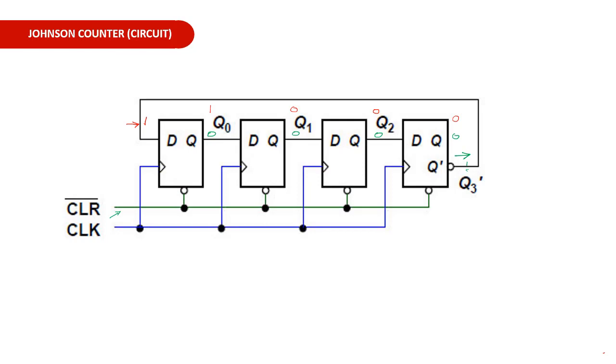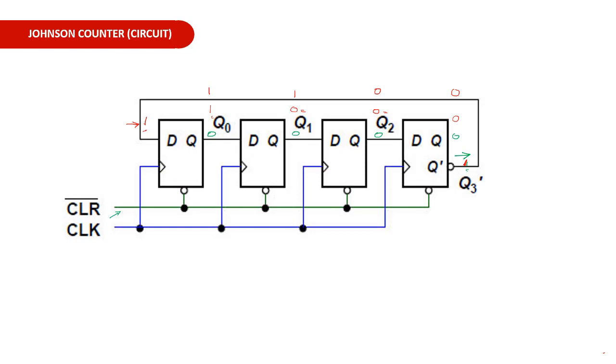So when the next clock pulse comes, the output of QB will become 1 because the input is 1, and QA is again 1 because the input is 1. Here the input is 0, so the output will be 0. Again, this Q bar is 1.